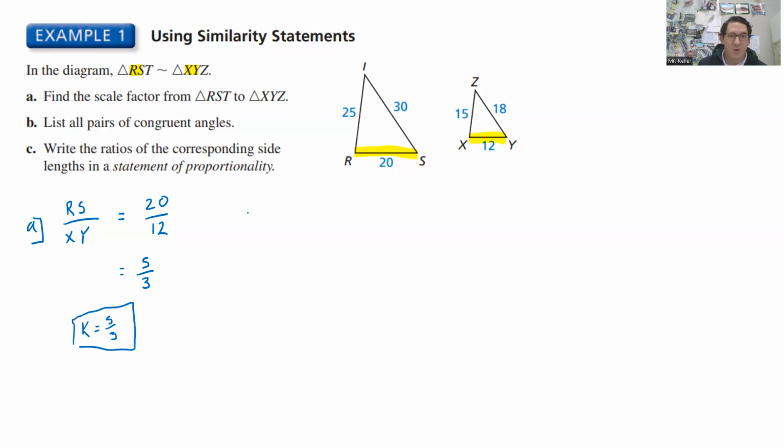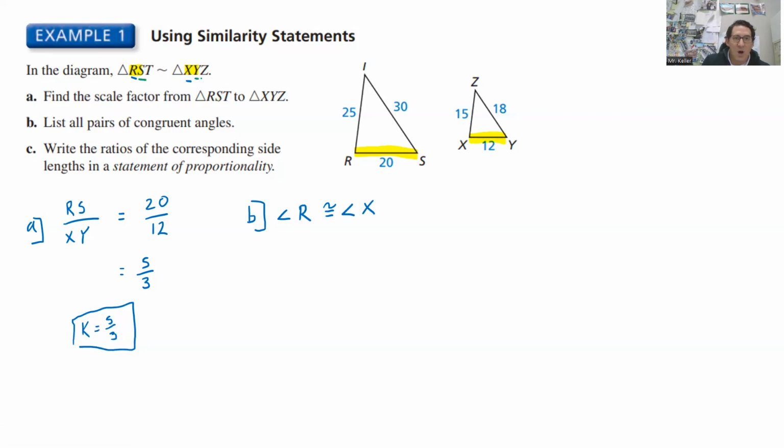List all the pairs of congruent angles. That should be pretty easy here. Part B. So angle R is congruent to angle X. Remember, the congruent symbol is an equal sign with the wavy line on top. Then the next one, so we have S. I'm going to use a different color.